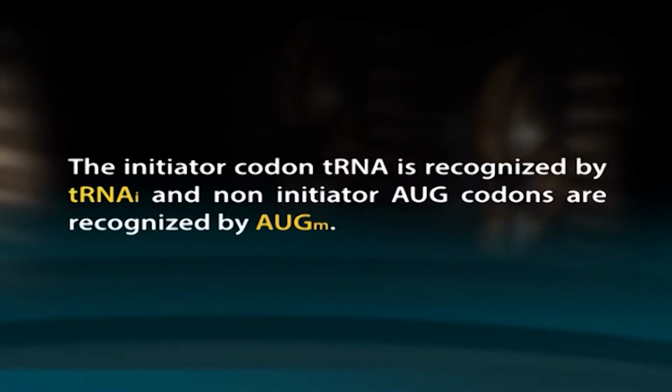The initiator codon is recognized by tRNA-i and non-initiator AUG codons are recognized by tRNA-m. The same methionyl tRNA synthetase is responsible for adding methionine residues to tRNA-i and tRNA-m. The initiator tRNA in eukaryotes carries an unmodified methionine, that is, not formylated as in prokaryotes.